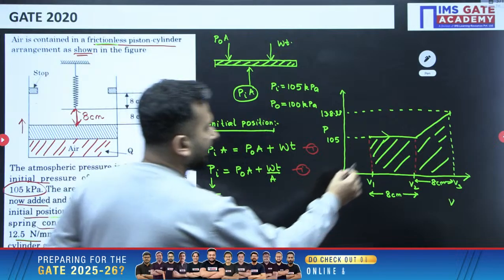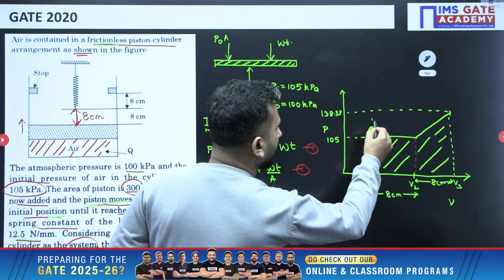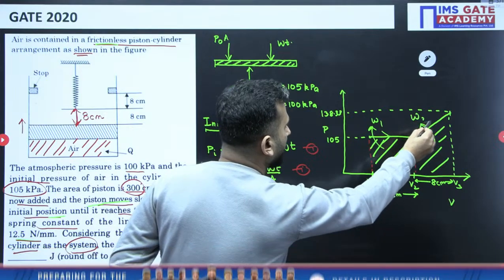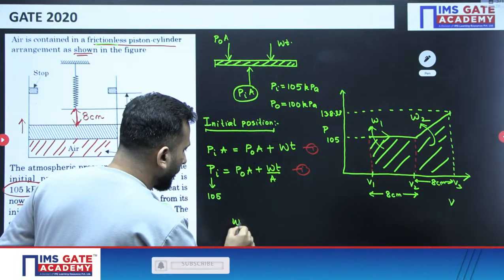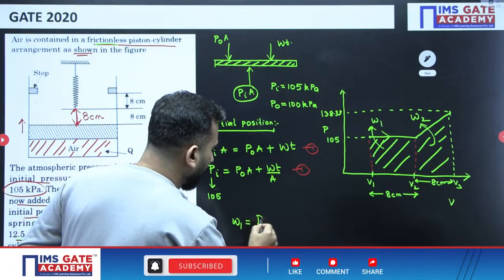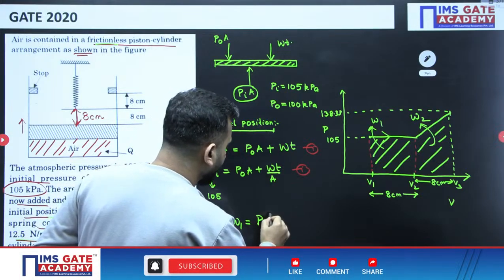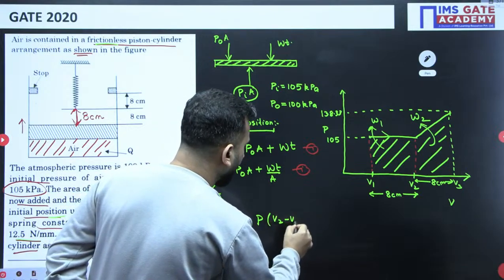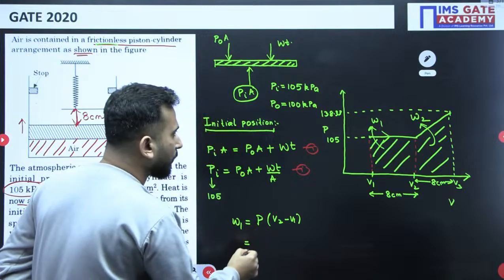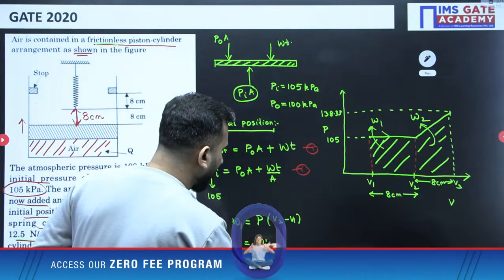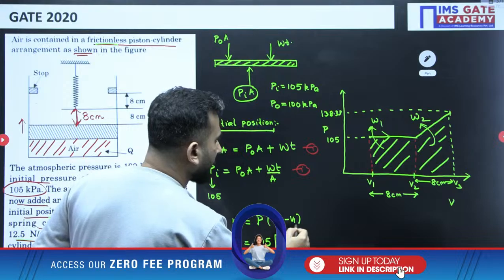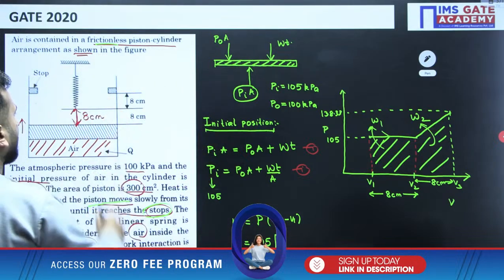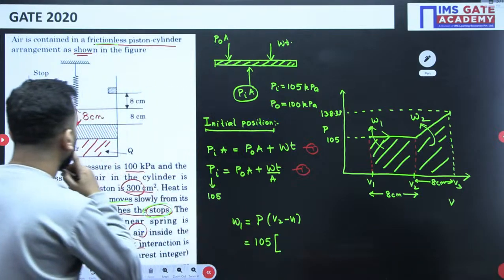Let's say this is the rectangle area, that is W1, then this is the trapezium area, which is W2. So what is W1? That is P into dV, so V2 minus V1. P0 is 105 kPa, and V2 minus V1, the change, is area into 8 centimeter.